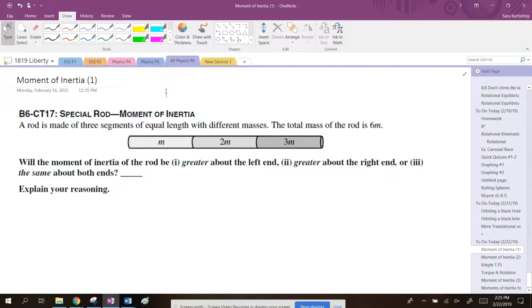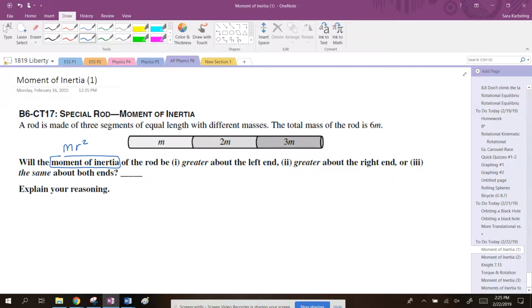Now, this is going to be some thinking that you need to do. Will the moment of inertia, and let's remind ourselves what that means, mr squared, be greater about the left end, the right end, or the same about both ends? The word "about" here is funny. What does about mean?